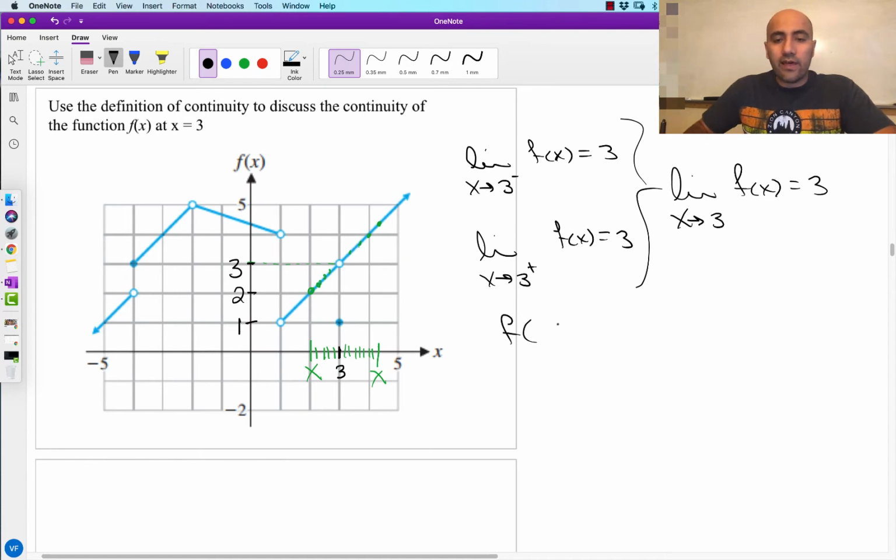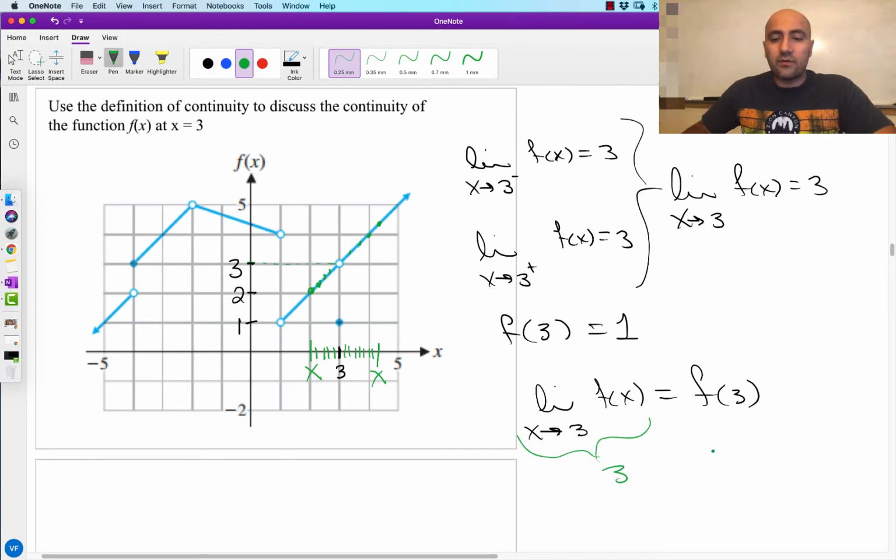However, when I evaluate my function at 3, I can see that there's a little hole there and there's a little dot there. That's indicating for me that the value of f of 3 equals 1. So it does exist, but it's not going to match. So when I compare the limit as x approaches 3, the unrestricted limit of f of x, to f of 3, well, on the left-hand side, this does exist and it equals 3.